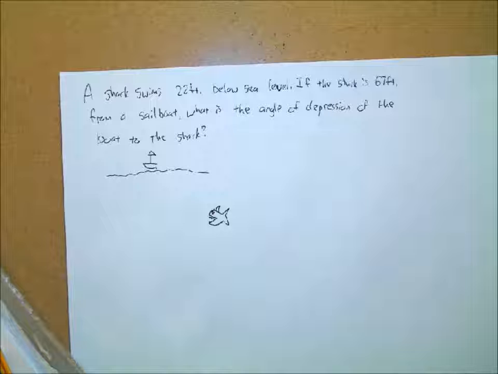The shark's horizontal is here. So its angle of elevation will be right here. So yes, those two. Close. The 67 is the direct distance from the sailboat to the shark. So that's the hypotenuse.